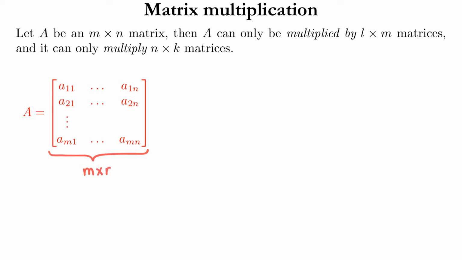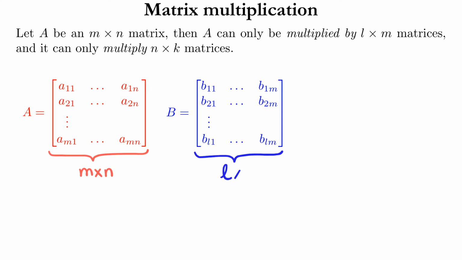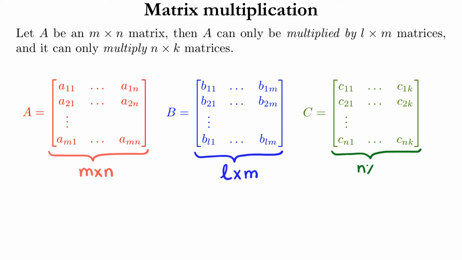Consider a matrix A which is of size m by n, another matrix B which is of size L by m, and a matrix C which is of size n by k.